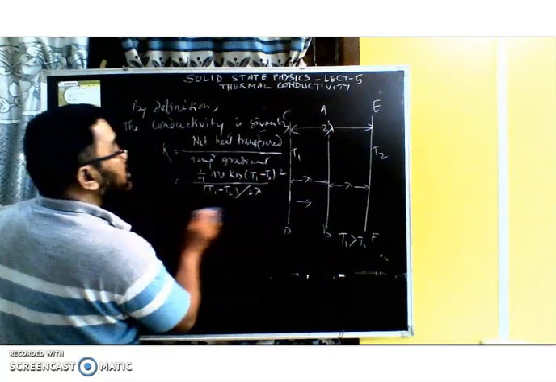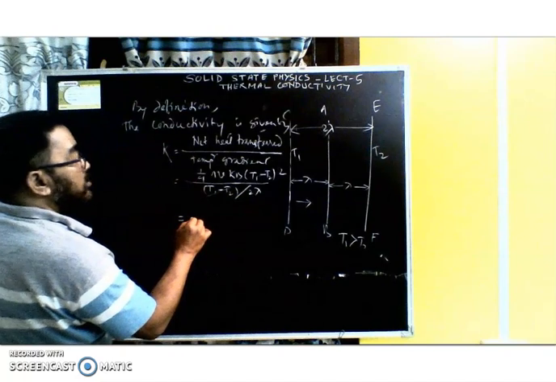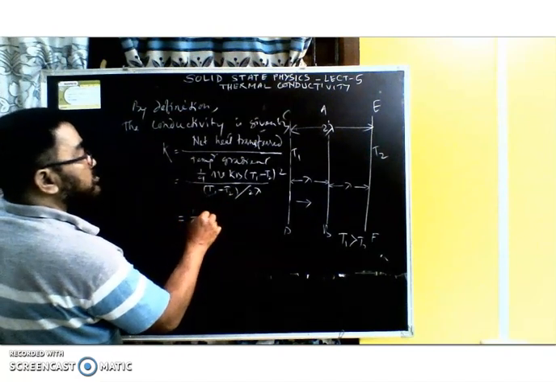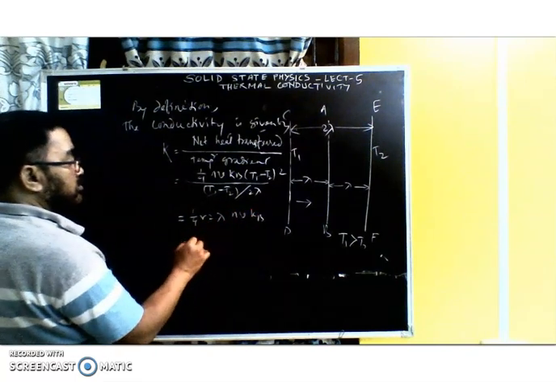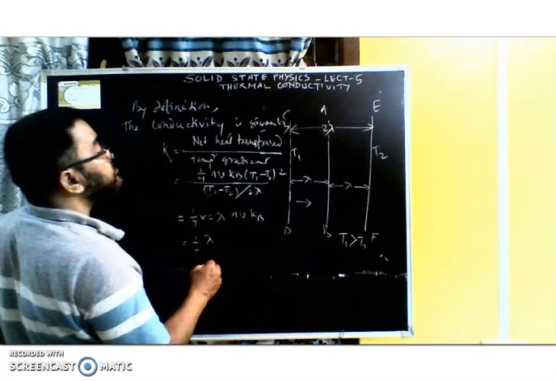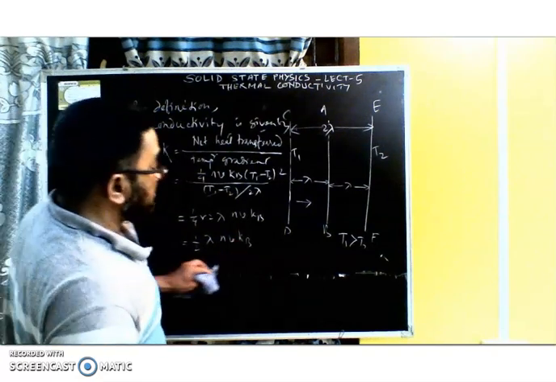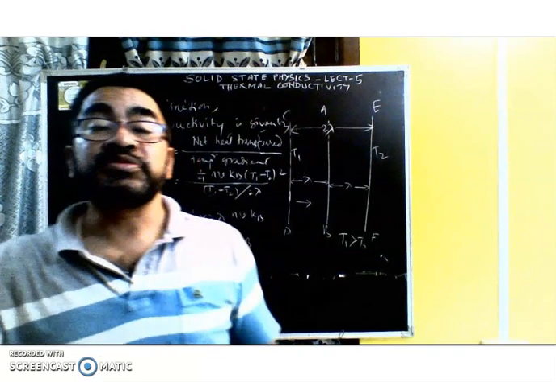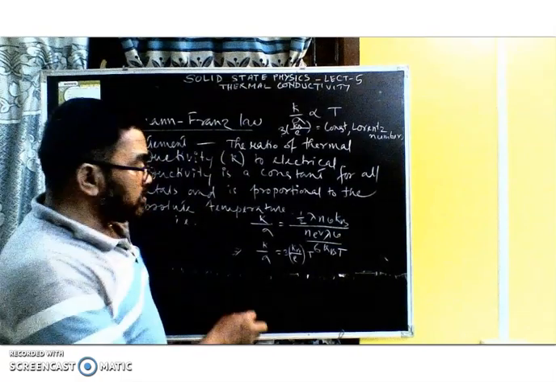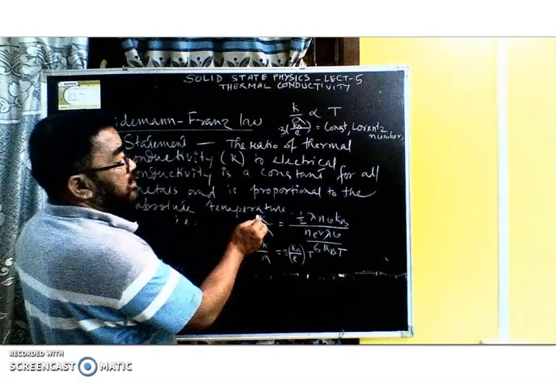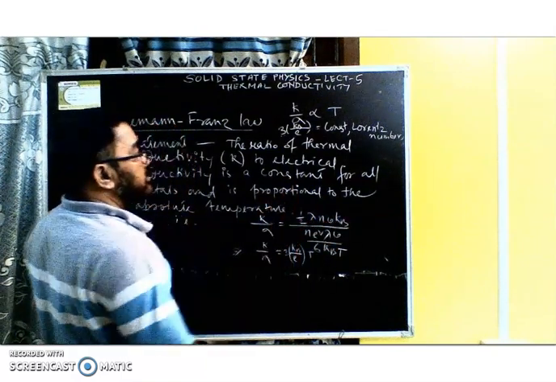So twice lambda, T1 minus T2 will be cancelled. 1/4 into twice lambda and V kB, so 1/2 lambda n V kB. This expression gives the thermal conductivity. So we get the value of thermal conductivity K equal to half lambda n V kB.